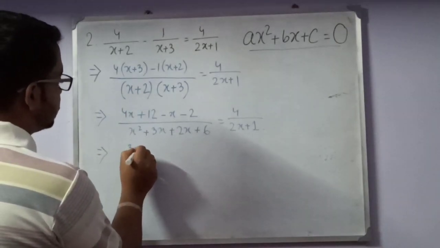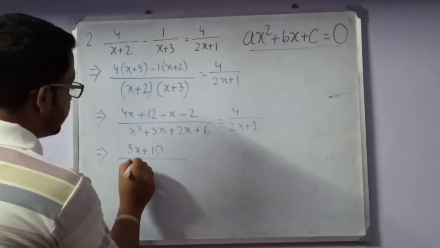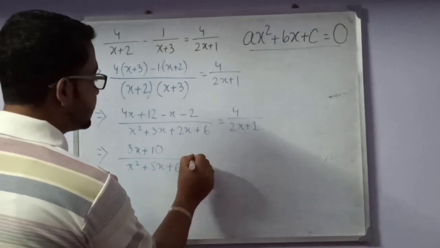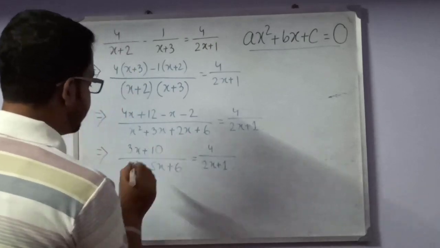So we got 3x plus 10 upon x² plus 5x plus 6, equals 4 upon 2x plus 1.